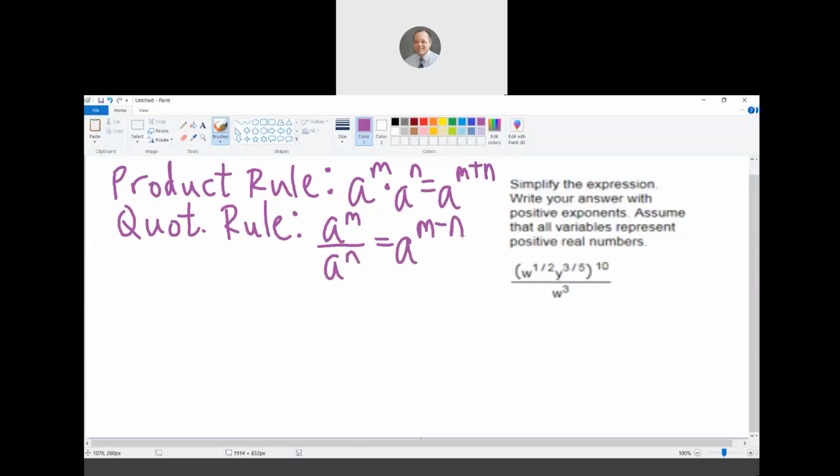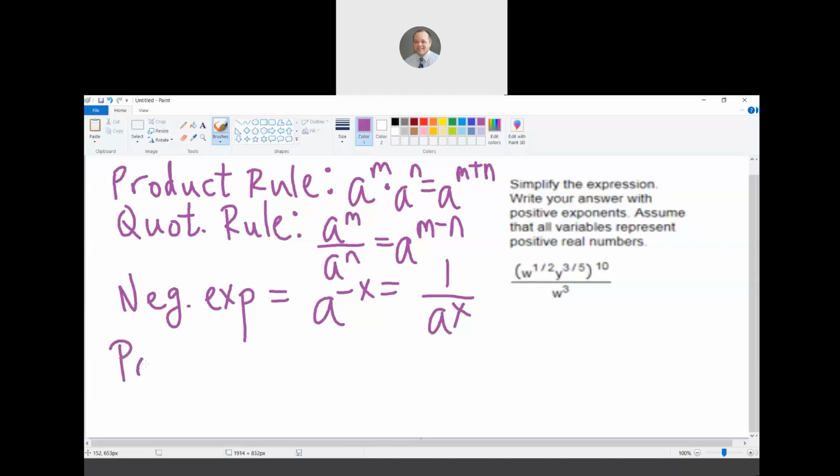The negative exponent law I already went over with y'all, but I'll put it up here again. If you have a to the negative x power, then that's the same thing as 1 over a to the positive x power. And the last rule we haven't used, I don't think, in here at all, is the power rule.